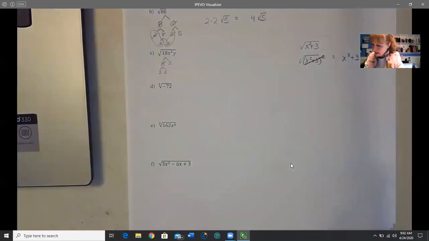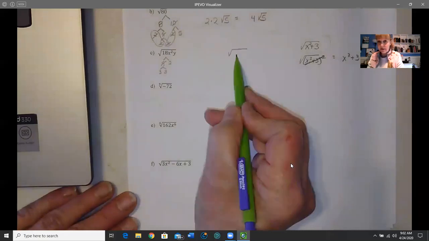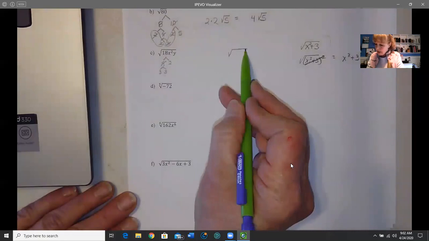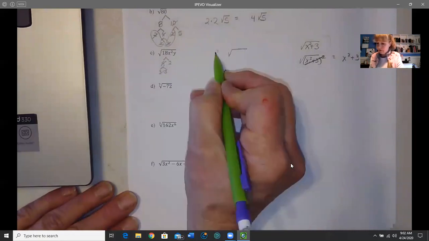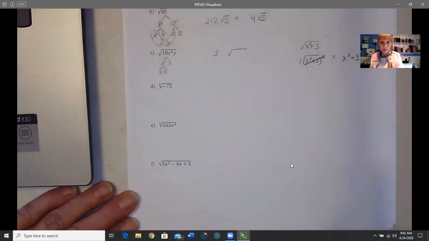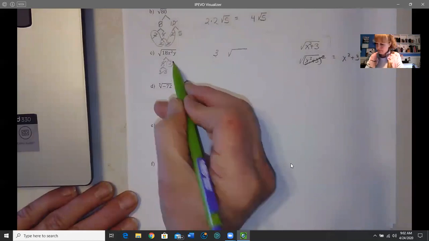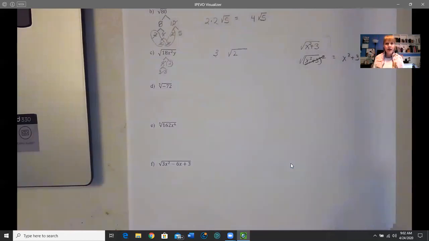So looking at this 18, we may not have anything inside. Everything may come out, but we'll just go ahead and put the radical there. These 3s come out because I have 2 of them. So it's outside. The 2 has to stay inside. So we've done the 18. We broke it down. We have a 3 square roots of 2.